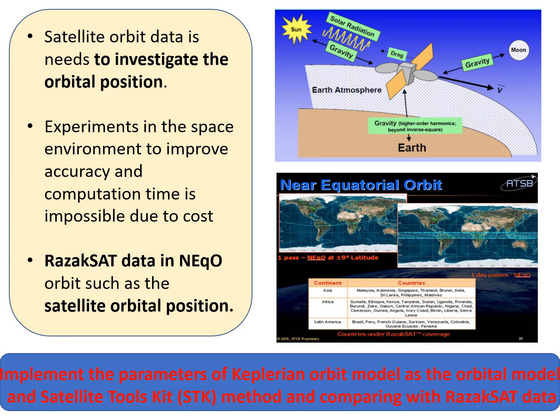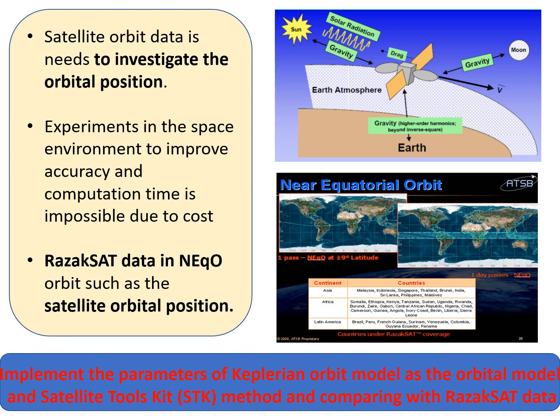That is why satellite orbit data is needed to investigate the orbital position. However, experiments in the space environment to improve accuracy and computation time are impossible due to the cost and the need for more facilities.